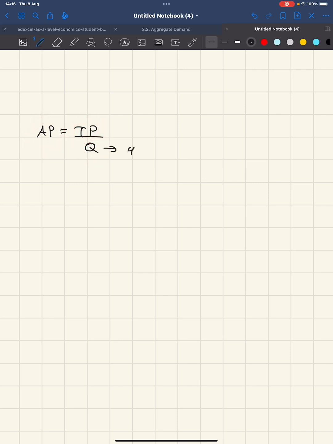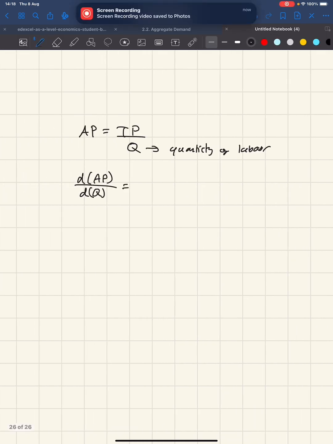So if we differentiate our average product with respect to Q, quantity of labor, we will have to use the quotient rule. So first of all, we differentiate total product and multiply it by Q. Total product differentiated is MP.